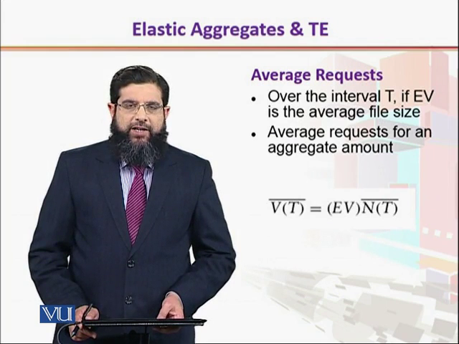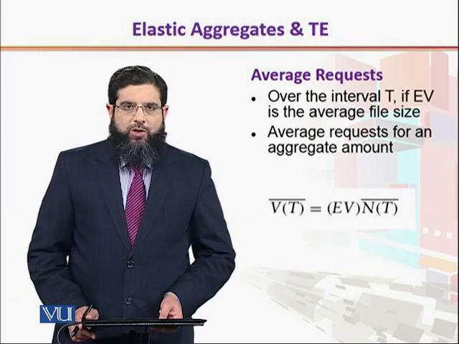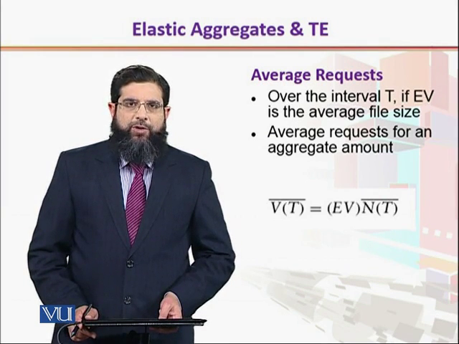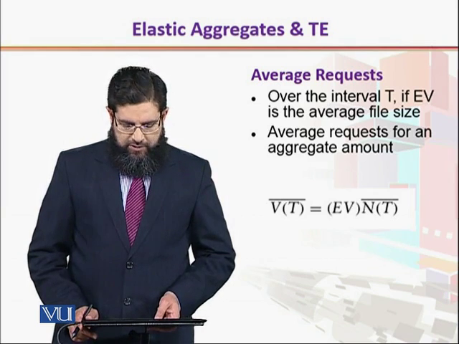Now we are interested in determining what are the average number of requests, because then we'll have a better illustration and visualization of exactly how much aggregated traffic is being generated.